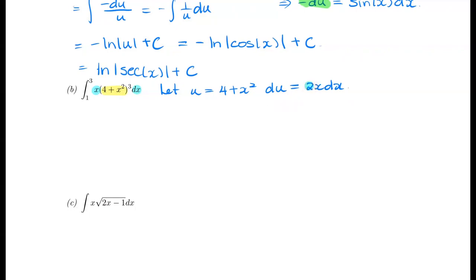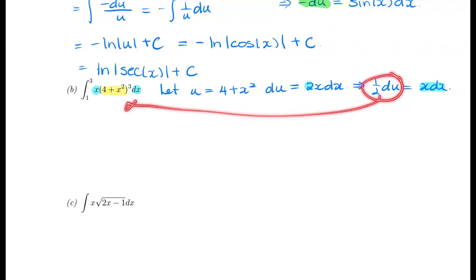So we divide both sides by 2 so that we get half of du, which is x times dx. Now we would just replace this x dx by half of du. It would just go here.